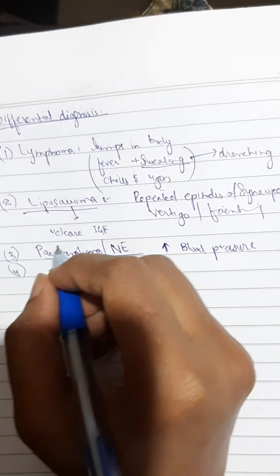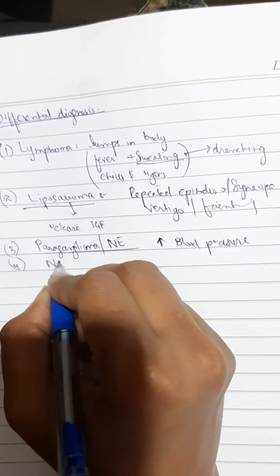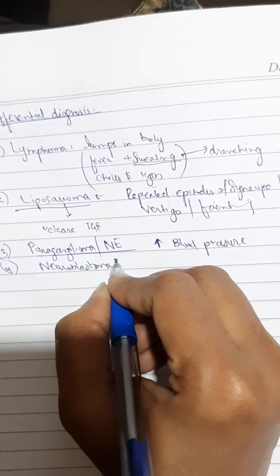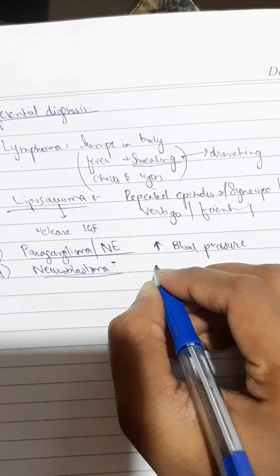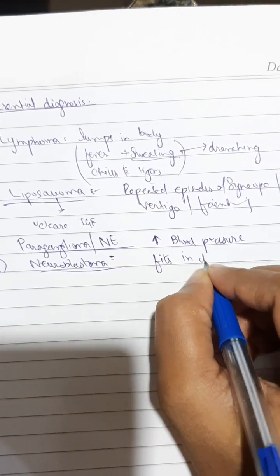The fourth differential would be neuroblastoma. So ask about the fits in childhood.